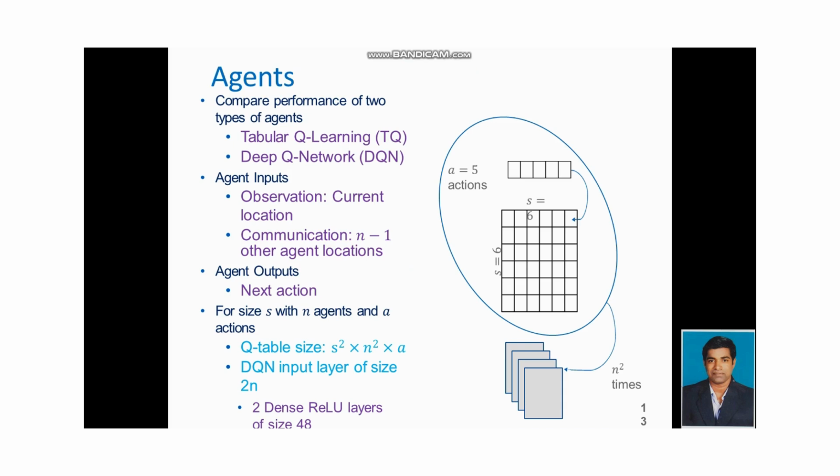Agent output: next action. For size S with n agents and a actions, the Q table size equals S squared into n squared into a. The DQN has an input layer of size 2n and 2 dense ReLU activation layers of size 48.